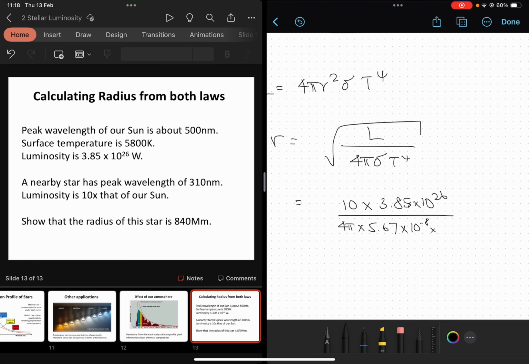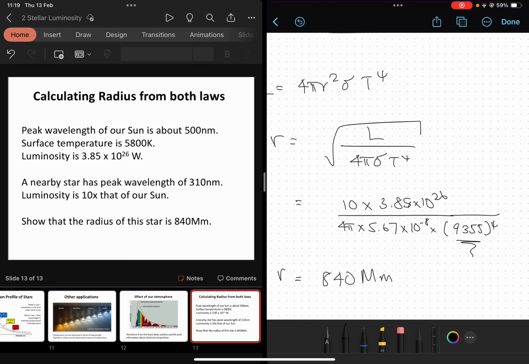Multiply that by T to the 4, and it's the temperature we've just worked out, isn't it? 9355. Now, I would strongly urge you to keep the exact temperature in your calculator because you're about to raise it to the power of 4. So rounding errors are going to be really significant in this case. And that gives you a radius of, when you round it, 840 megameters, 840 times 10 to the 6 meters.